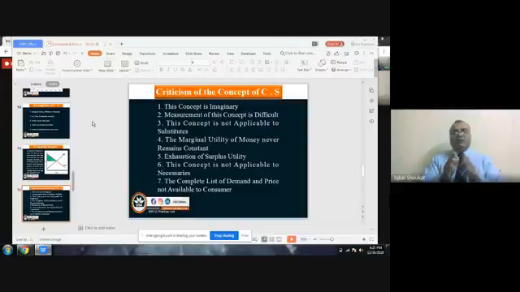The concept is not applicable to substitutes. Here it has been assumed that there is no close substitute, that no substitutes are available in the market. But if you are living in a market, substitutes would be there. Competition is there, so the assumption of no substitutes would be violated.